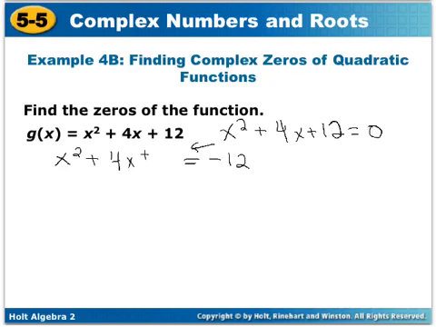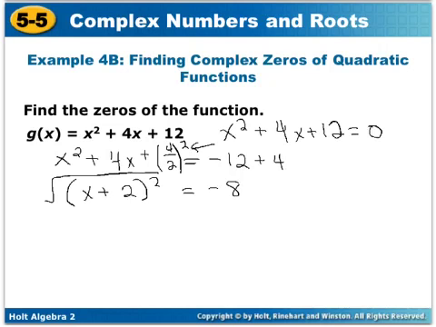I'm going to add b over 2 squared. So that's 4 over 2 quantity squared. 4 over 2 is 2. Quantity squared is 4. That gives me x plus 2 squared equals negative 8.